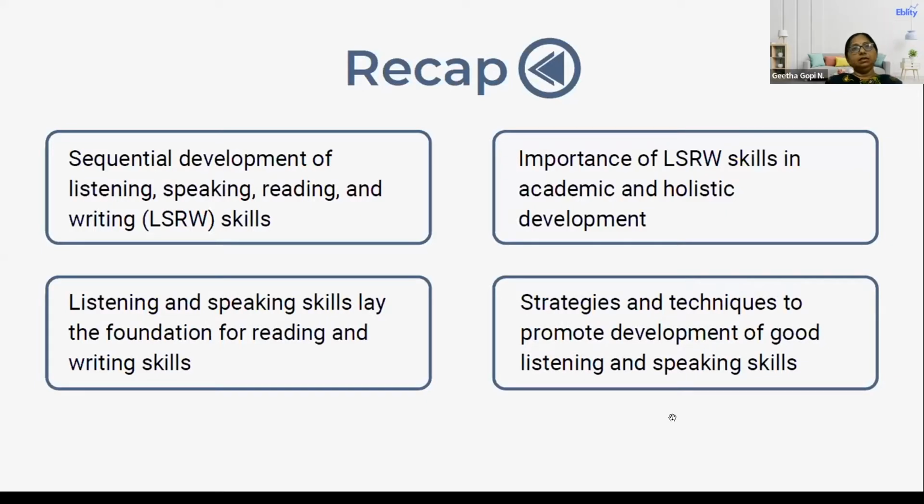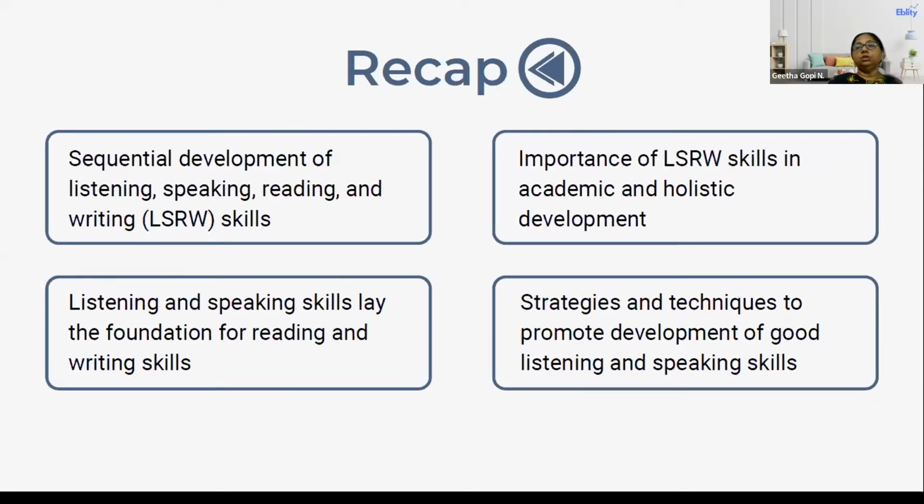So last workshop, we had talked about the LSRW skills, that is listening and speaking skills, which are necessary and which go hand in hand and quite often are a precursor for reading and writing skills. We had also discussed how important LSRW skills are in the light of academic and holistic development and school performance.